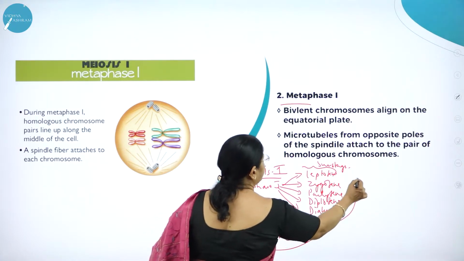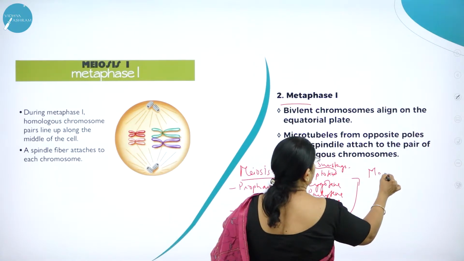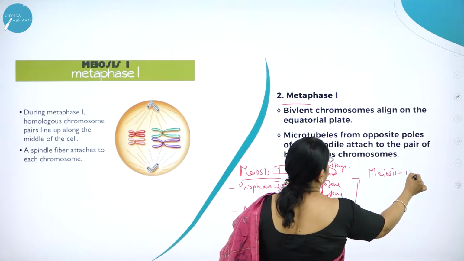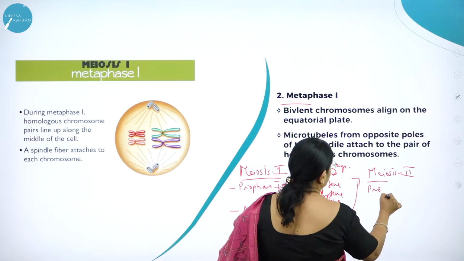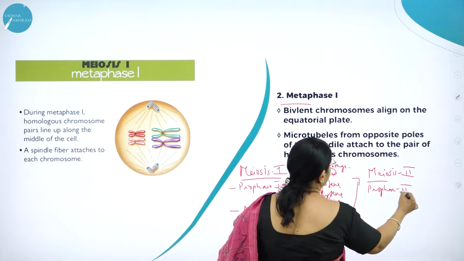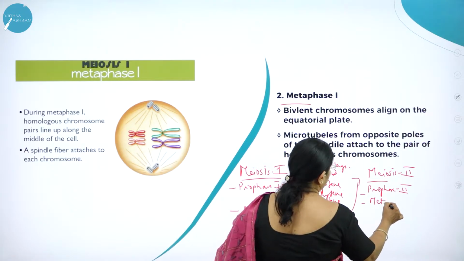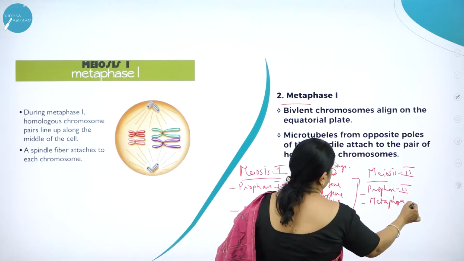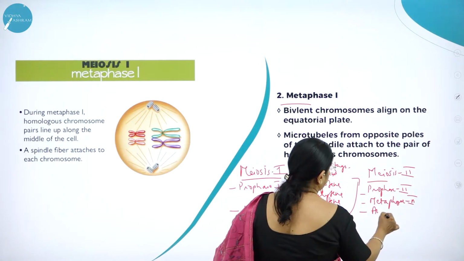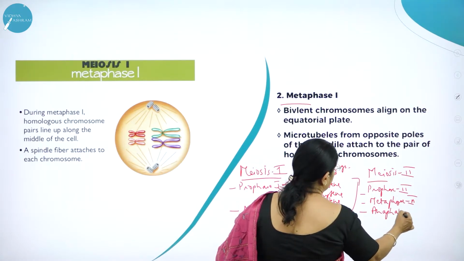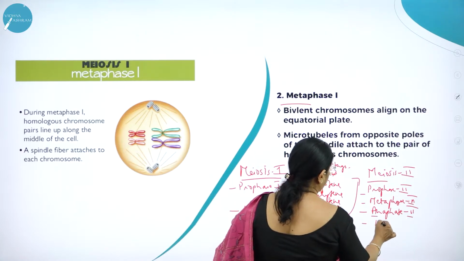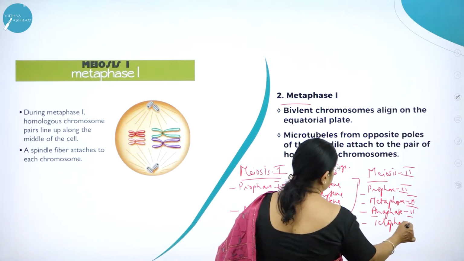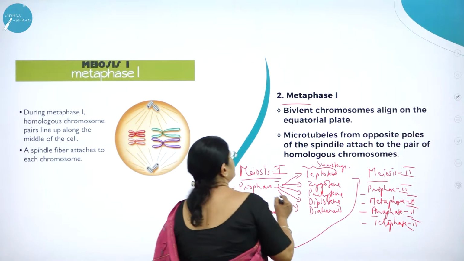And this will enter into the next, that is meiosis 2, with prophase 2, metaphase 2, anaphase 2 and telophase 2.